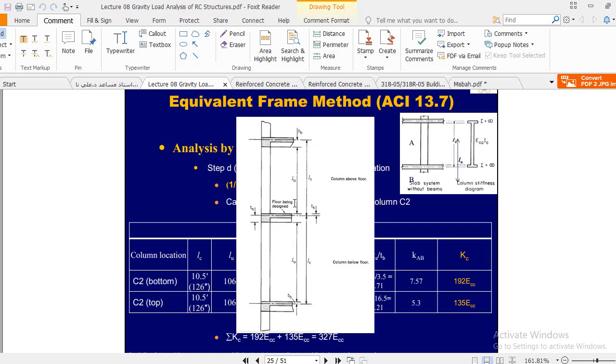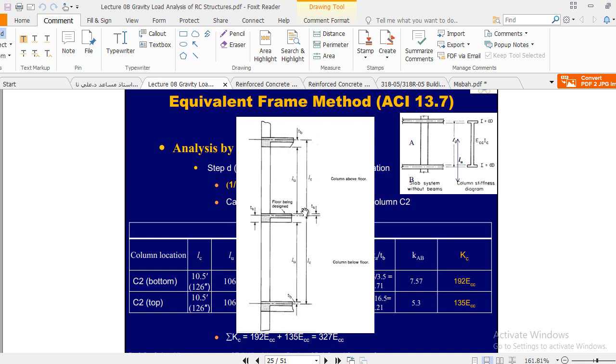Clear? So LU is the clear height. Remember, this point is very important: from the bottom of the beam, or you can say from the bottom of the web of the beam, is LU. Clear? And LC is the center-to-center distance, from the slab center line to the lower floor slab center line.